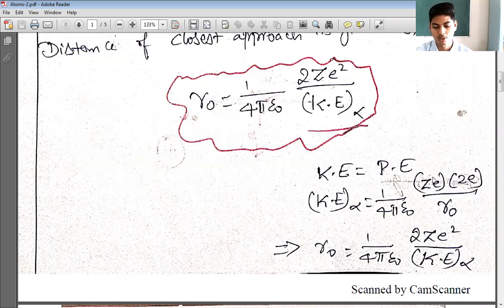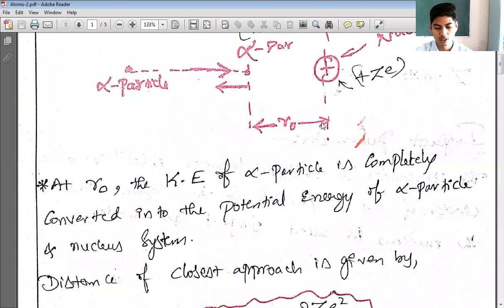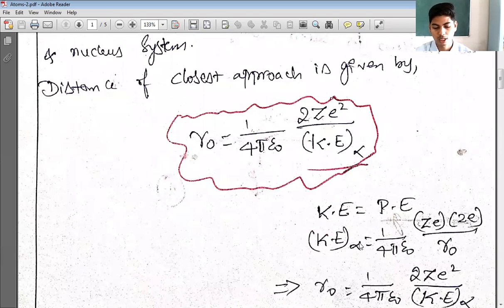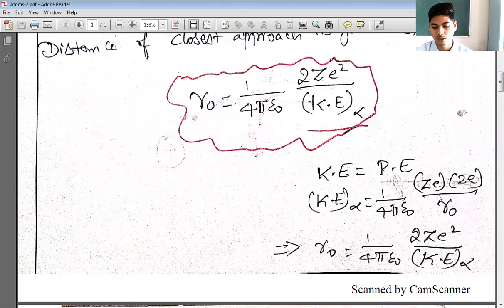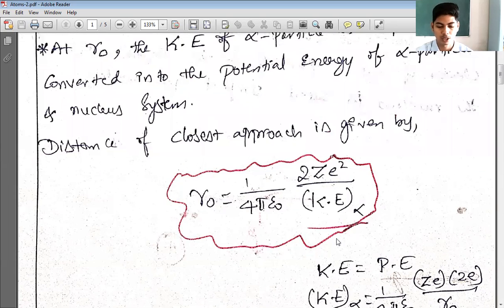Here q1 is the nucleus, Ze, and q2 is the alpha particle, plus 2e, divided by the distance between them, r naught. So kinetic energy of the alpha particle is equal to 1 by 4 pi epsilon naught Ze into 2e divided by r naught. What we need is r naught, the distance of closest approach. Taking r naught to this side, it becomes 1 by 4 pi epsilon naught 2Ze square divided by the kinetic energy of the alpha particle. This is the expression for distance of closest approach.